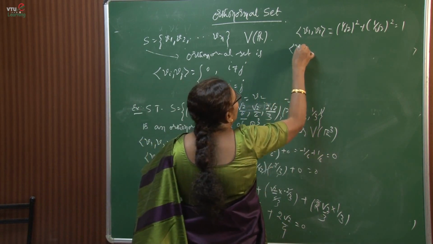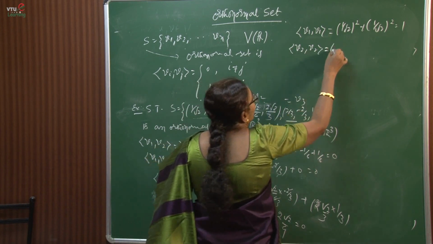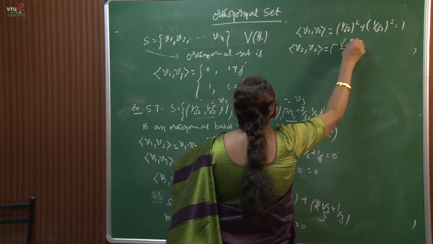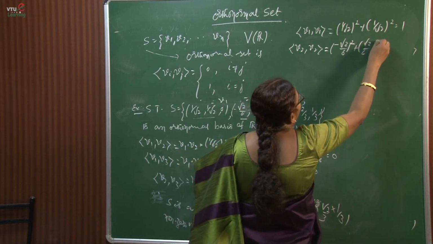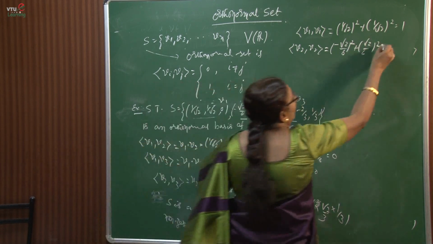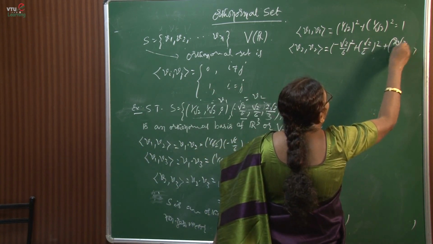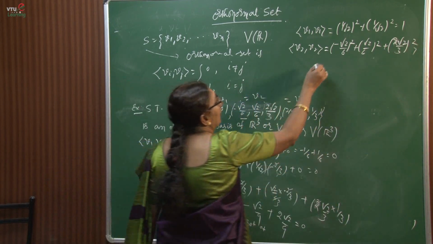Similarly, I have to calculate inner product of V2 comma V2. What is that? Minus root 2 by 6 whole square plus root 2 by 6 whole square, and also this value 2 root 2 divided by 3 whole square. Take that value.